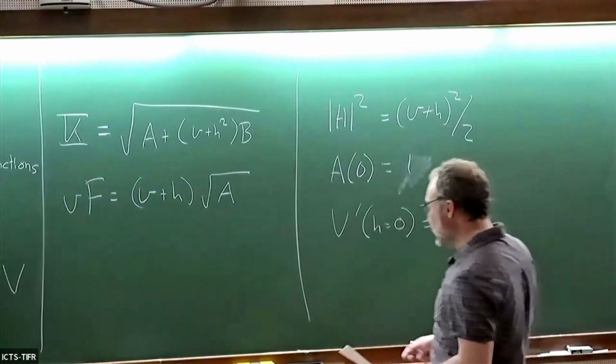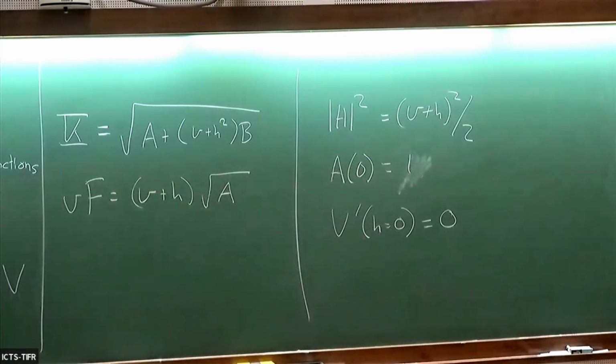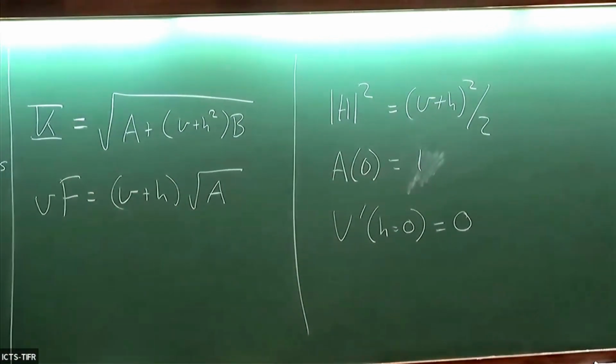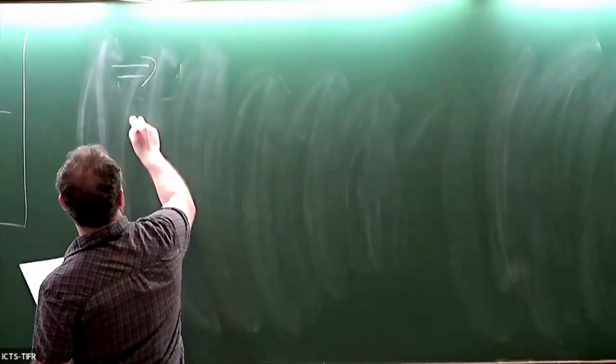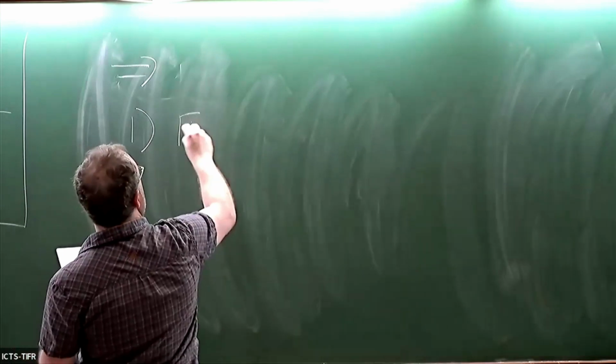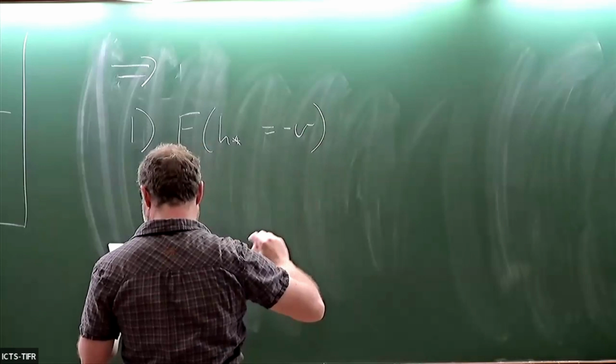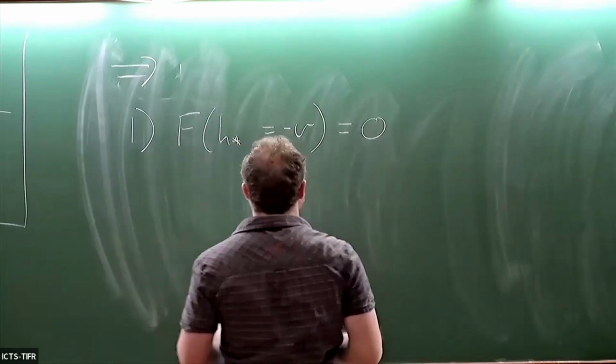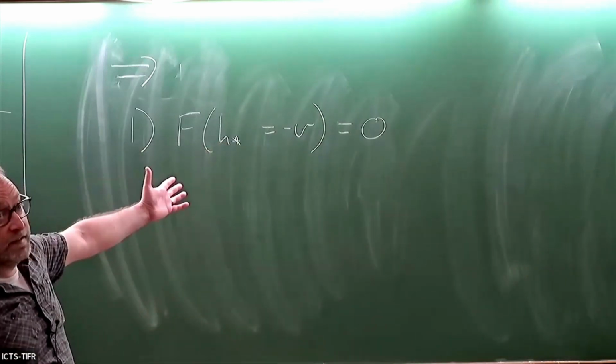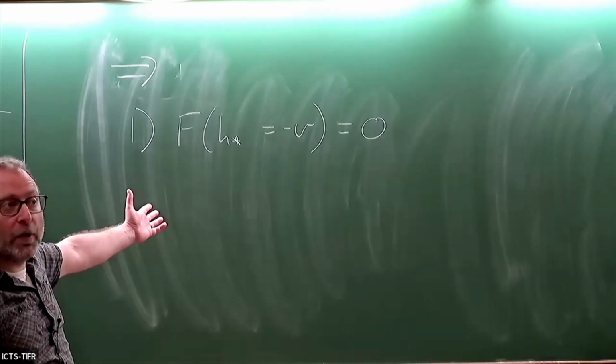So that translates in terms of F, V, and K into the following. So this implies, one, f of h star, which is minus v, remember, equals 0, right? SMEFT is certainly going to have an O4 invariant fixed point.